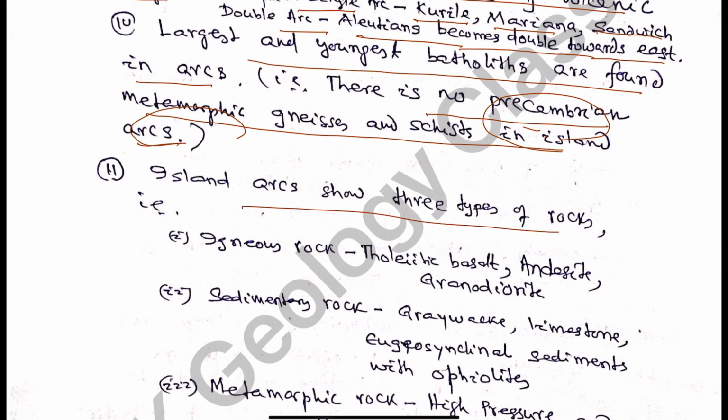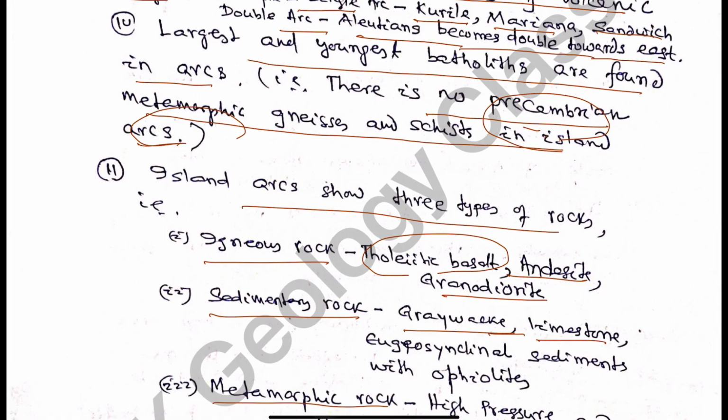And the island arcs are found to present three types of rock: igneous rocks, sedimentary rocks, and metamorphic rocks. Igneous rocks are found to be ranging from tholeiitic basalt on the outer side to andesitic and granodioritic within the magmatic arc or within the island arcs. And sedimentary rocks are found to cover the outer island arcs.